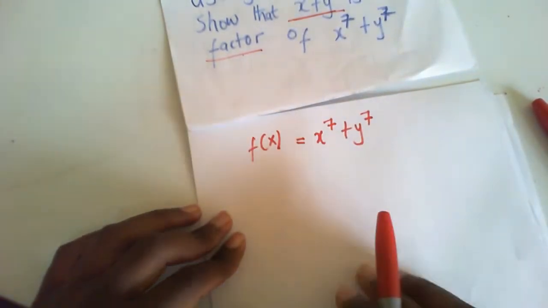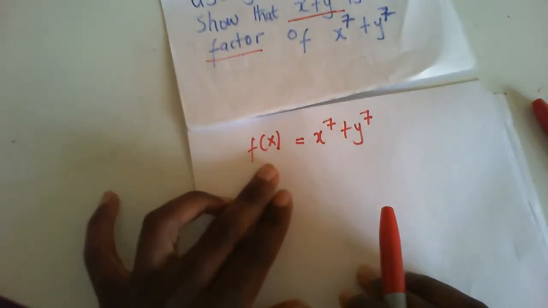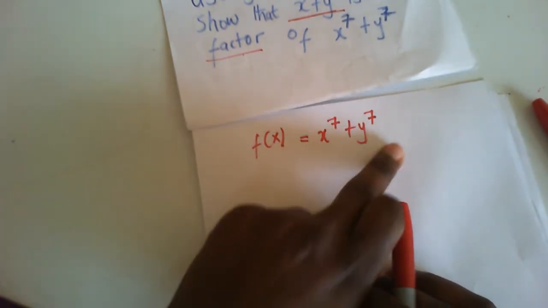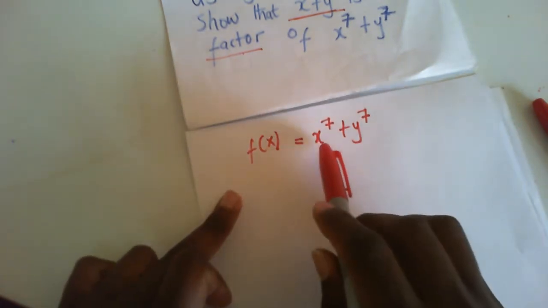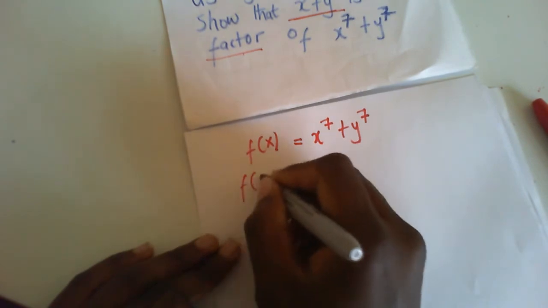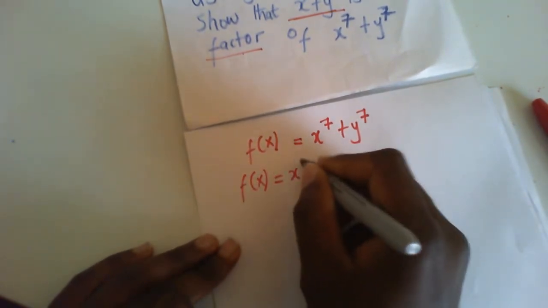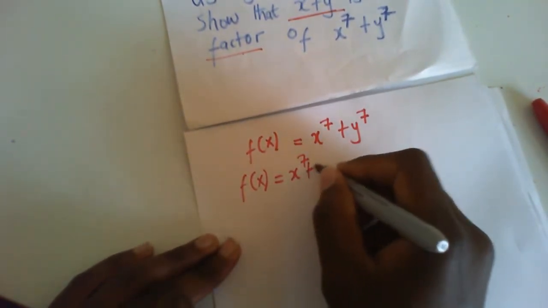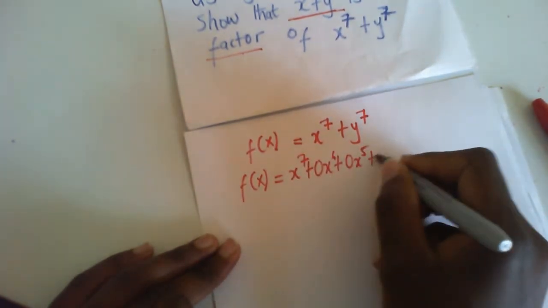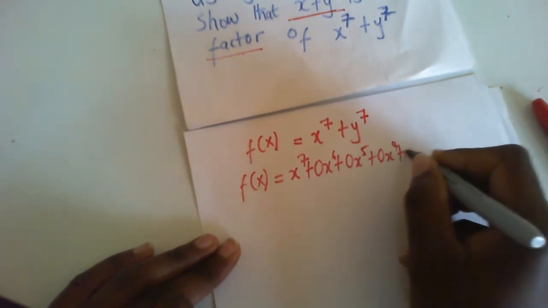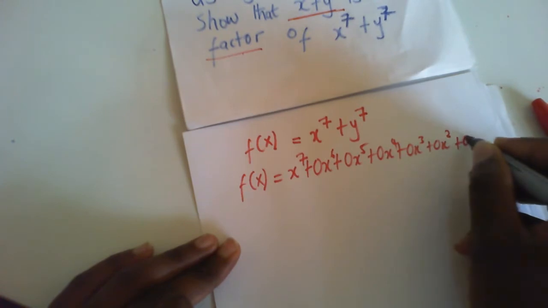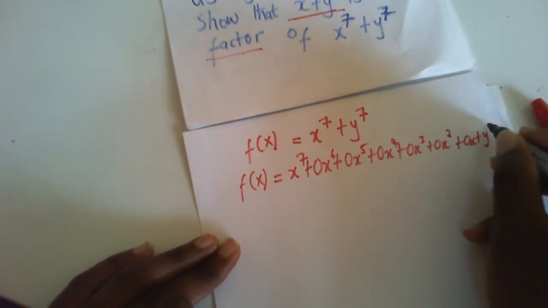All right. So after doing this, as you can see, we have got x raised to 7 and then a constant. So I'm going to write this in the descending power of x. By descending power of x, I mean I'm going to write this into this form. f of x is equal to x raised to 7 plus 0x raised to 6 plus 0x raised to 5 plus 0x raised to 4 plus 0x raised to 3 plus 0x raised to 2 plus 0x plus our constant y raised to 7.